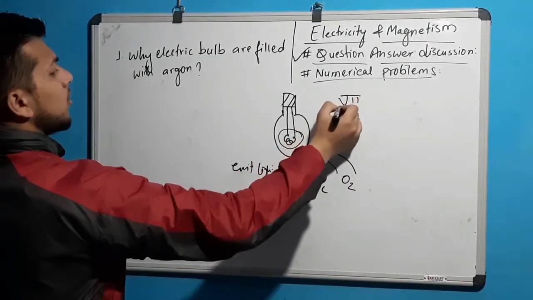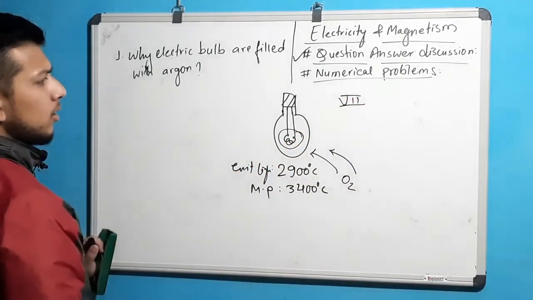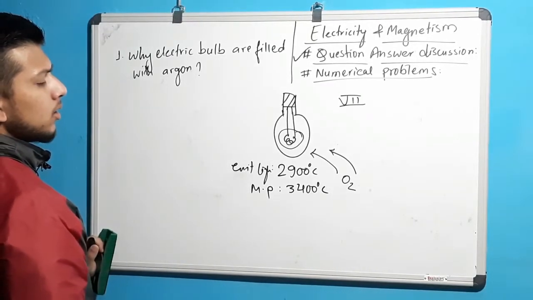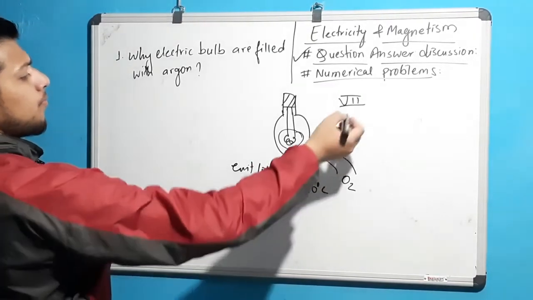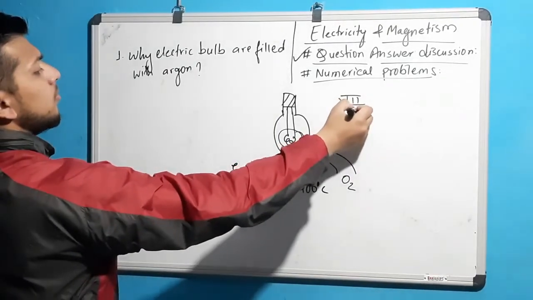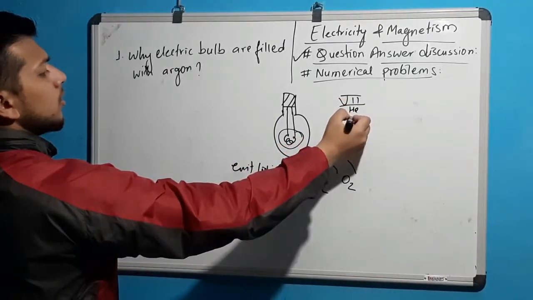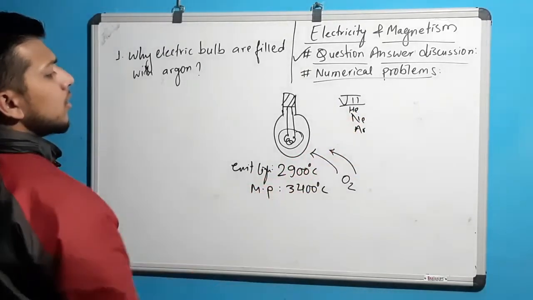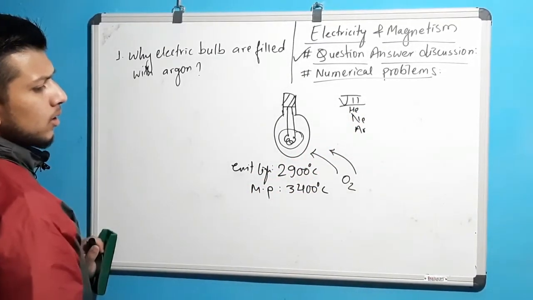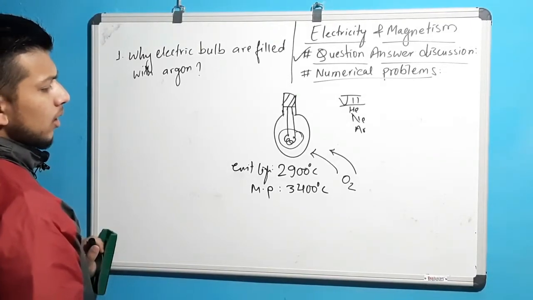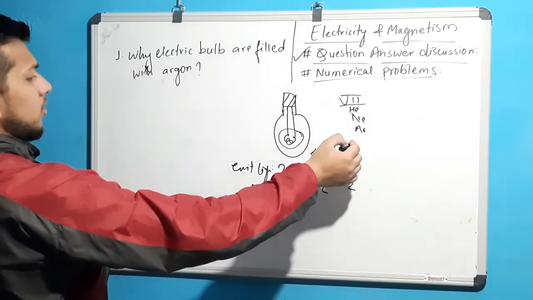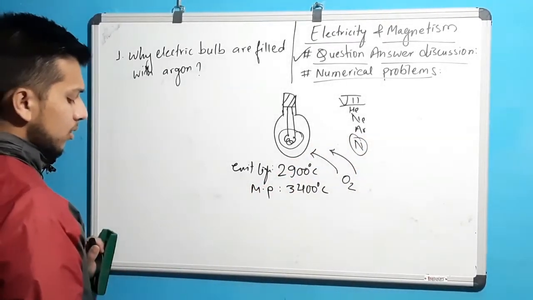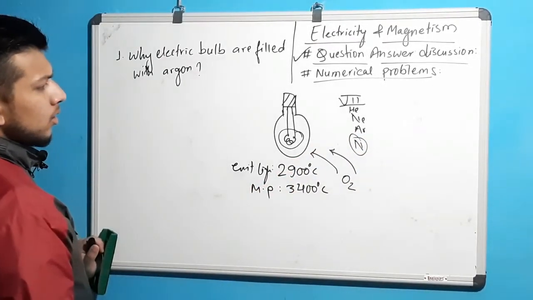On the periodic table, in the last group, group 8, there are helium, neon, argon; this type of gas is filled there. Sometimes nitrogen gas is also filled there, but this is not applicable.